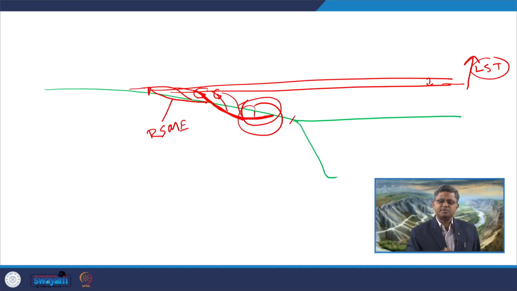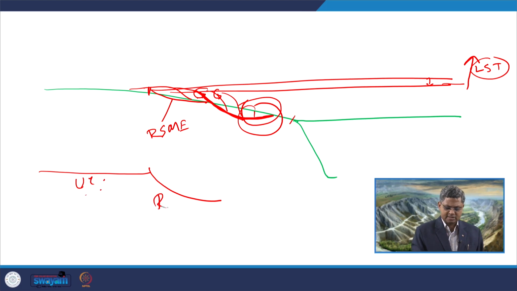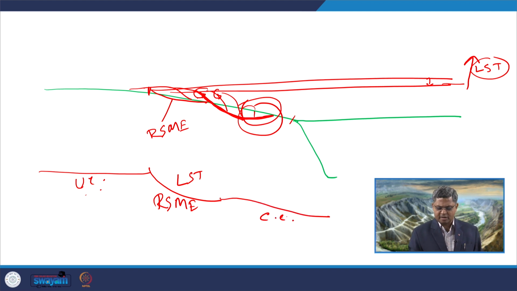So, in this kind of scenario, we are getting unconformity as the basal boundary in some portion of the basin for the LST, in some part RSME surface. So, this is the unconformity surface, this is the RSME surface on which we are getting the LST delta forming, and in some part the correlative conformity surface on which the LST is forming.